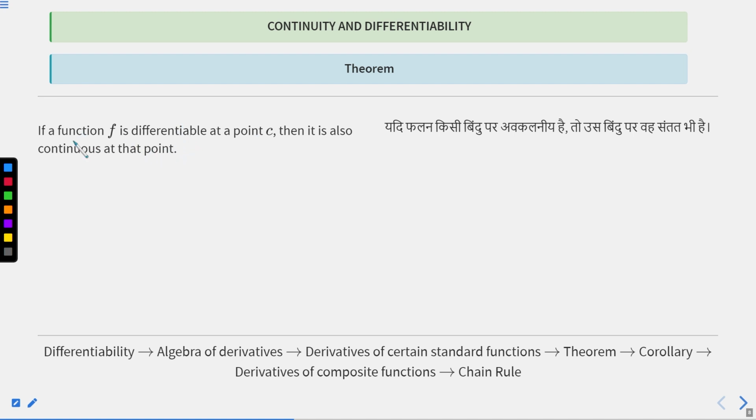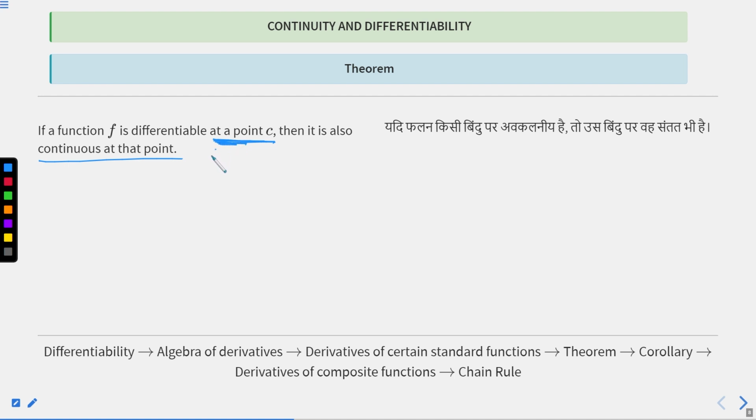Now, if a function f is differentiable at point c, then it is also continuous at that point. A theorem. So this theorem says if a function is differentiable at point c, then it is going to be continuous.